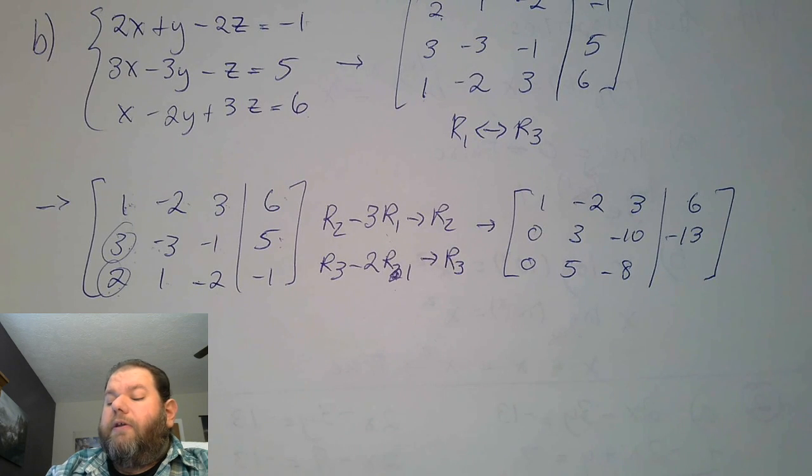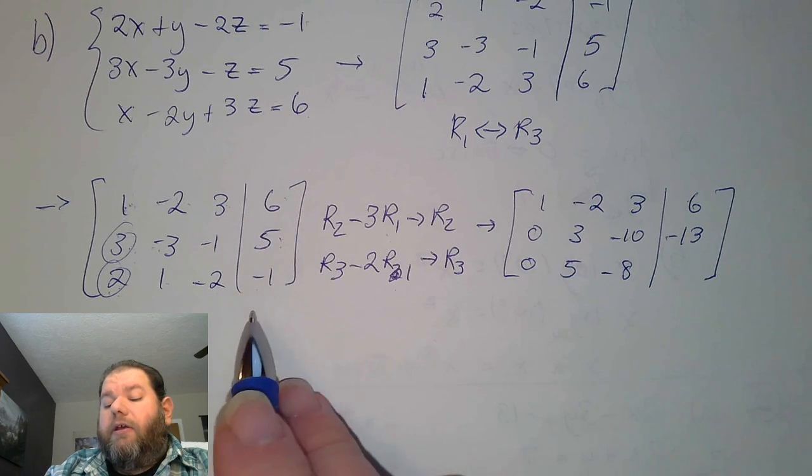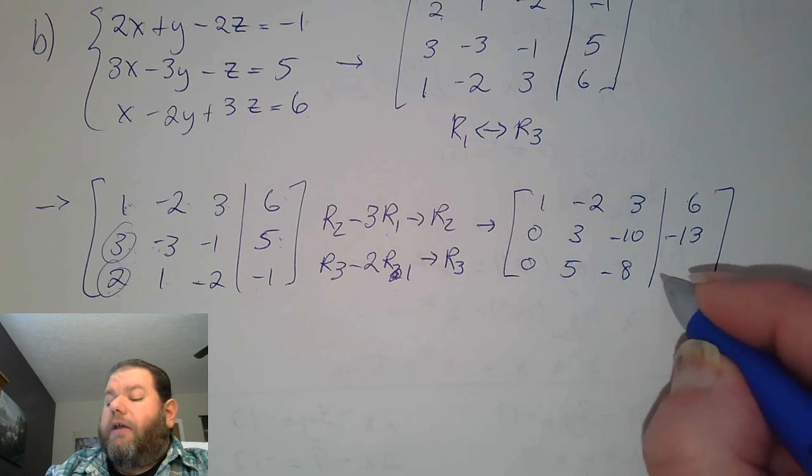Finally, the constant, -1 minus 2 times 6. Negative 1 minus 12 is negative 13.